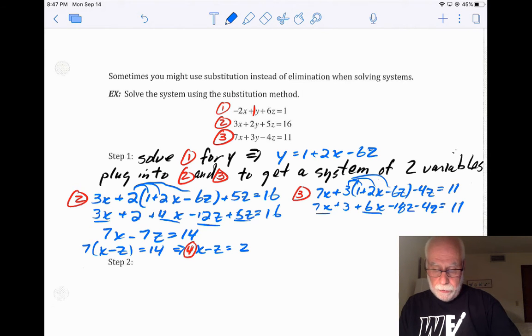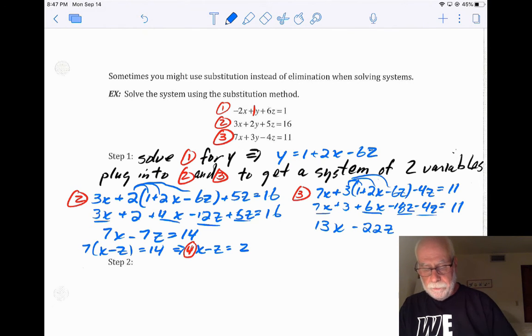Again, I'm going to combine like terms: 13x minus 22z. Moving that 3 over to the other side with the 11 will give me 8. On that one, that'll be equation 5.